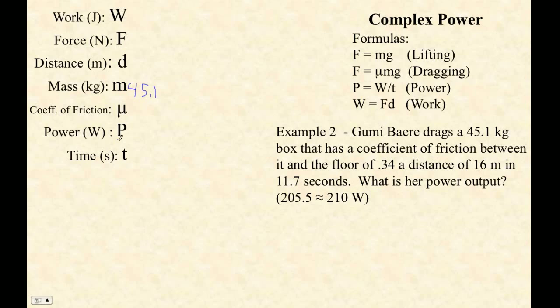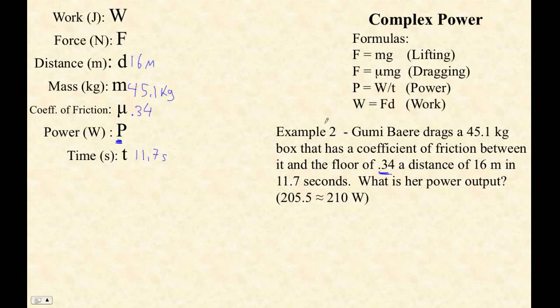What is her power output? So we're looking for this. 45.1 kilograms is my mass. The coefficient of friction is my mu. They don't have units. 16 meters must be my distance. 11.7 seconds is my time.